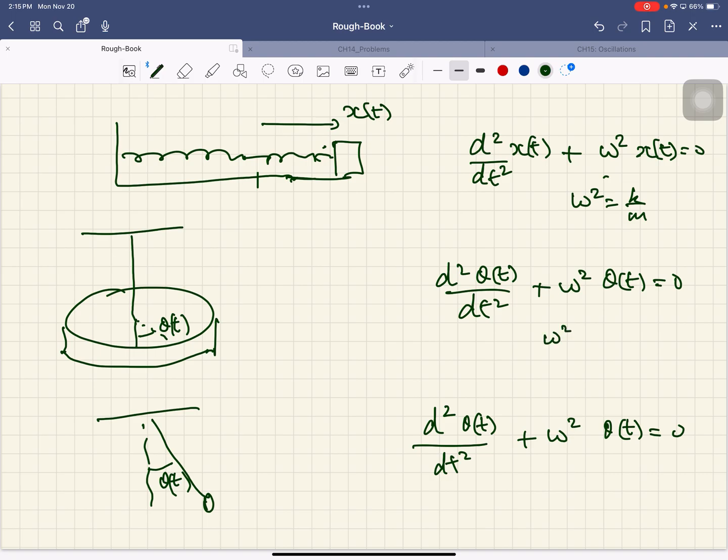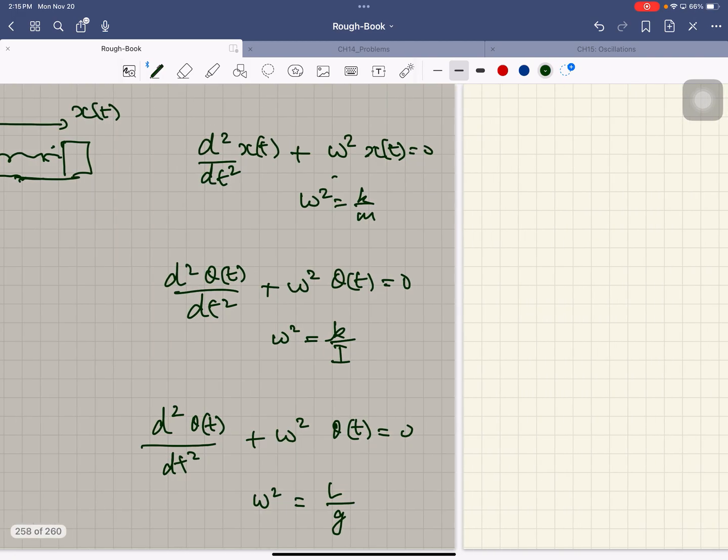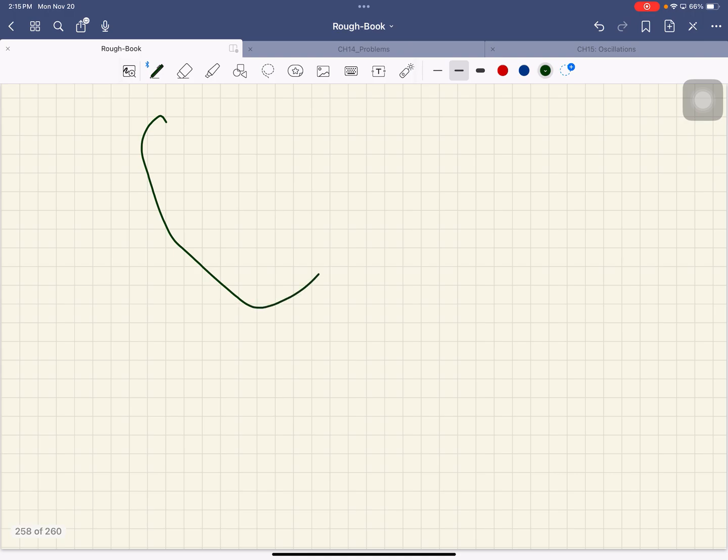For this case, omega squared was kappa over I. For this case, omega squared was g by L. And then the physical pendulum. Again, the differential equation was exactly the same.